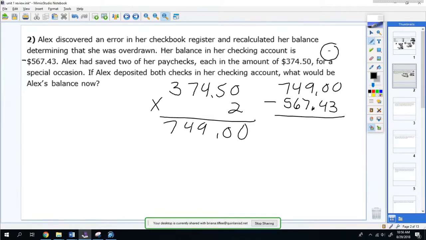When you subtract it, you should get $172.57. And that will be her new balance, a positive $172.57, because she put more in there than she overdrew.